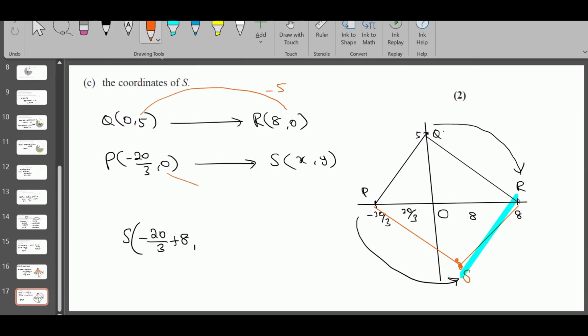So you need to put 0 minus 5. 8 3s are 24, so it's going to be 4 over 3, minus 5. That's called the vector translation method. This is the easiest way to find S. That's all.